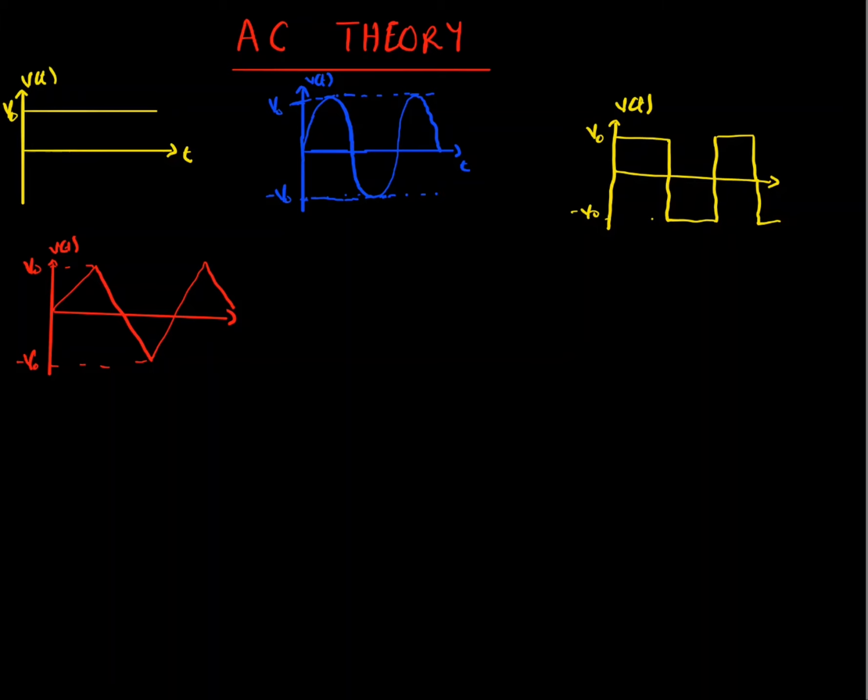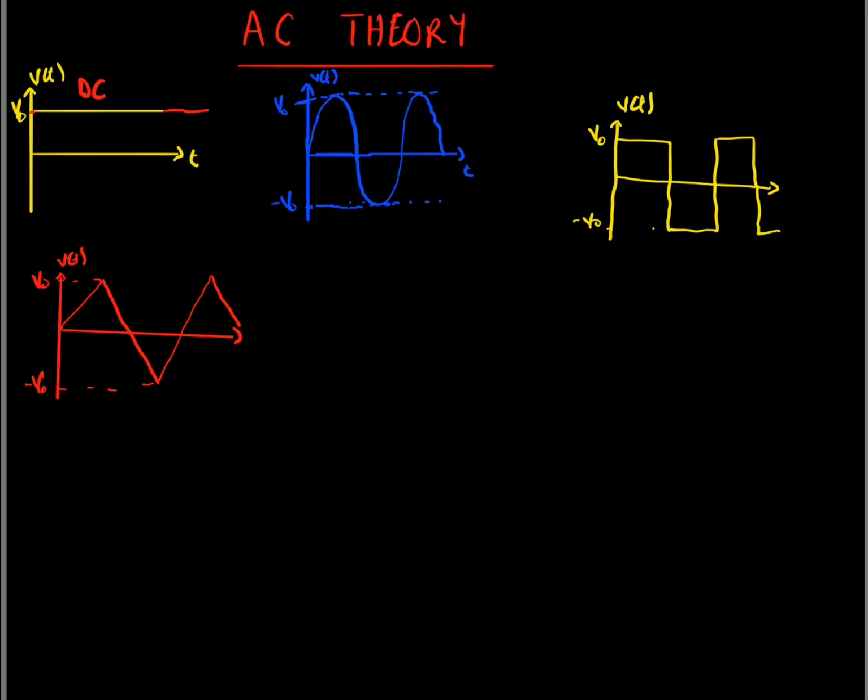As you know, I'm sure you have heard of DC current or DC voltage. In DC, you have a source that generates a constant voltage or constant current, in an ideal case. Over time, the signal remains constant.